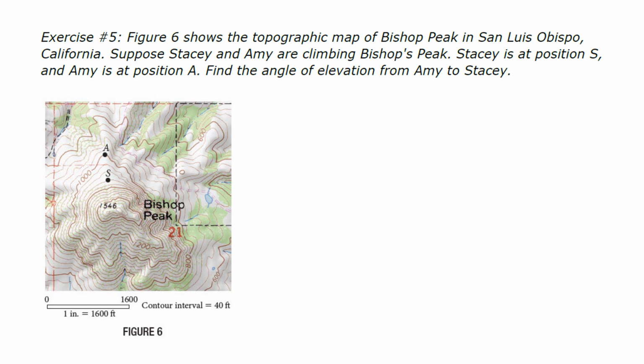So all of these squiggly lines represent a distance of 40 feet between the next contour. Between Amy and Stacy, if we were to count, we would have 1, 2, 3 contour intervals between them, meaning that there's 120 feet between Amy and Stacy.